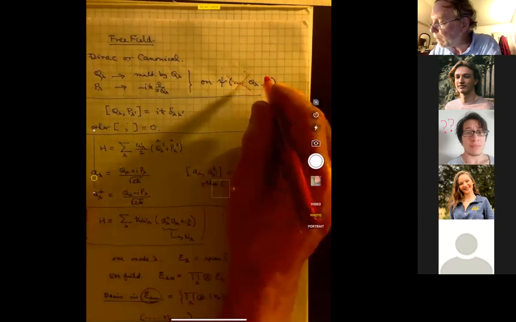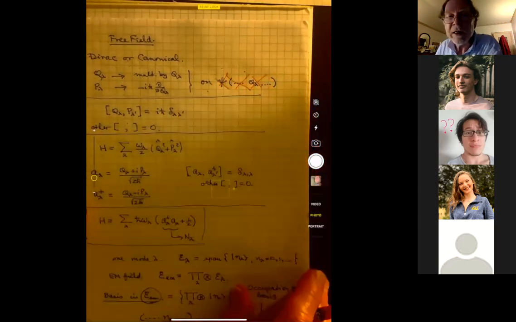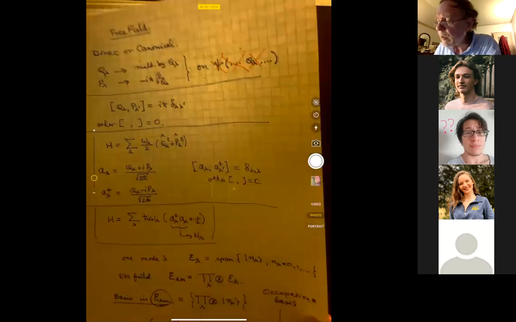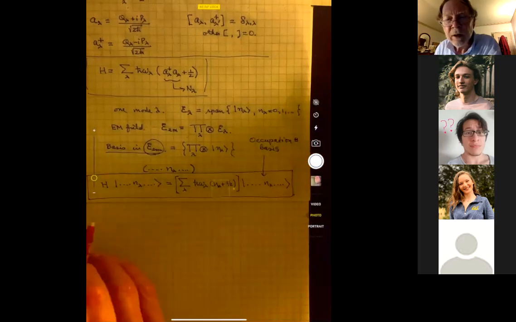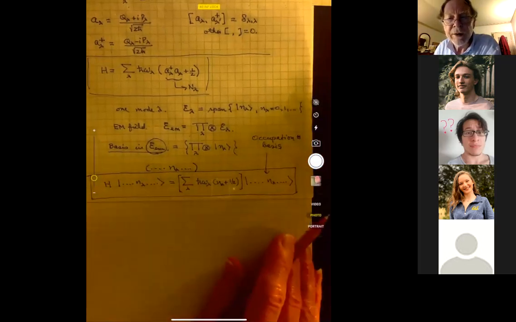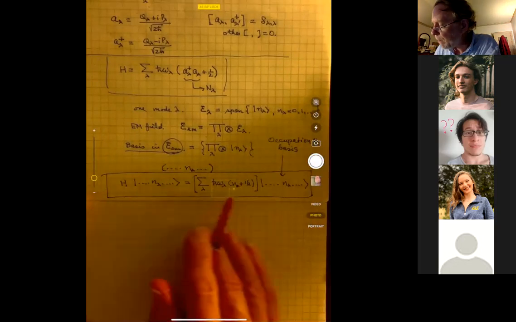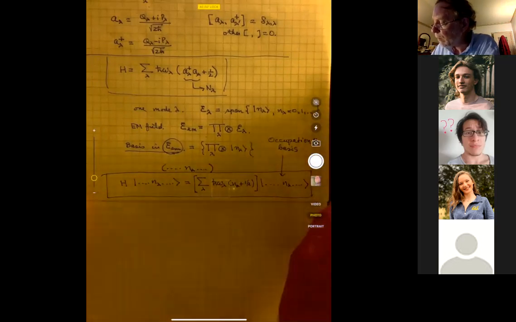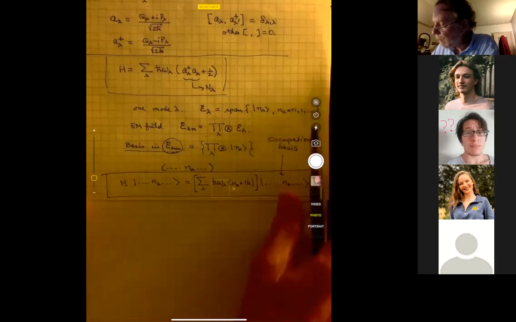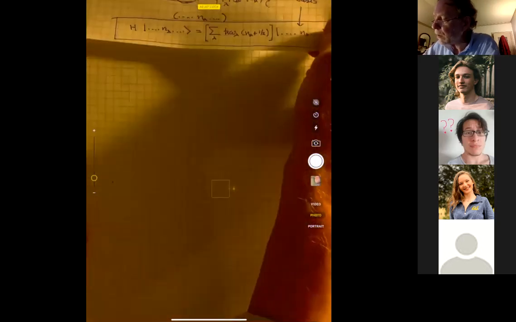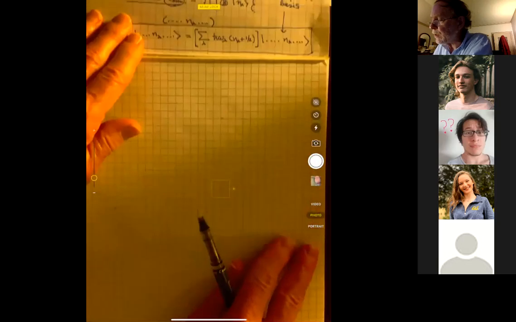I'm going to cross them out in red three times because nobody does it. What they do instead is use Dirac's formalism of creation and annihilation operators on these occupation number basis states, and that's what we're going to be doing from here on out. So let me say some more about these occupation number basis states and also the creation and annihilation operators.